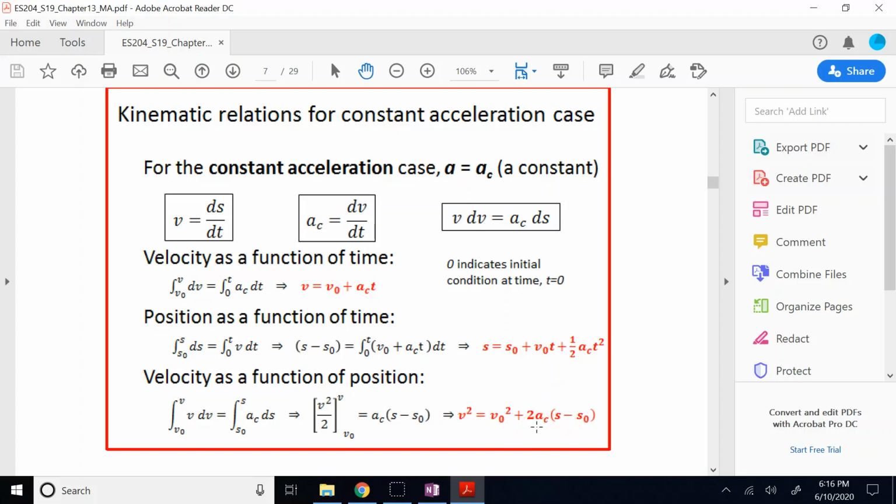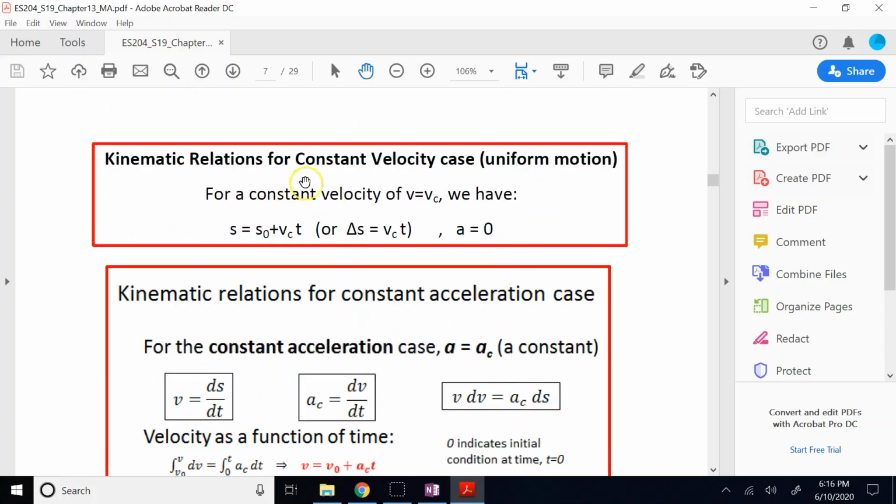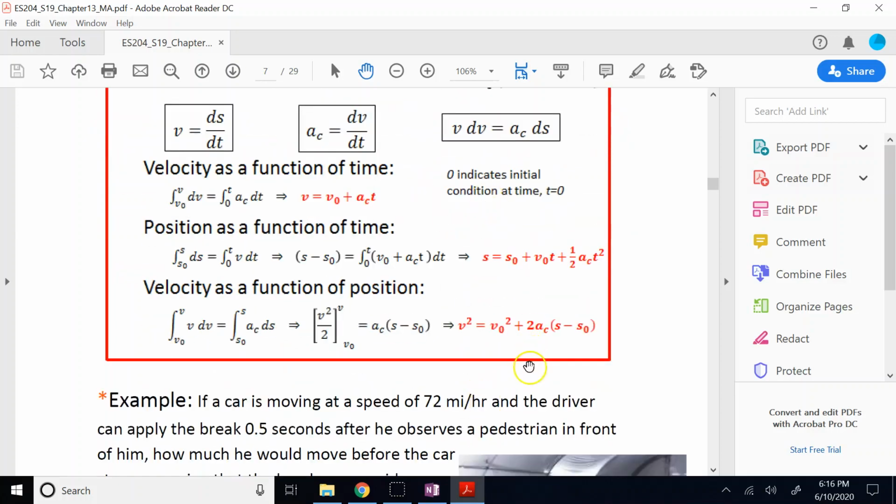If I replace those, I get similar equations to what I had in red for linear motion.